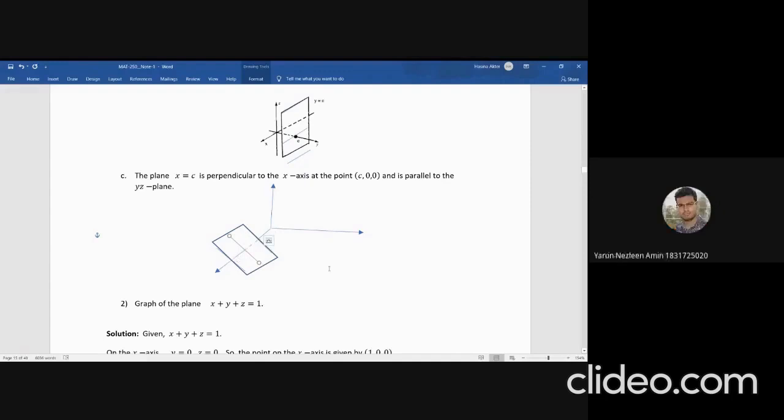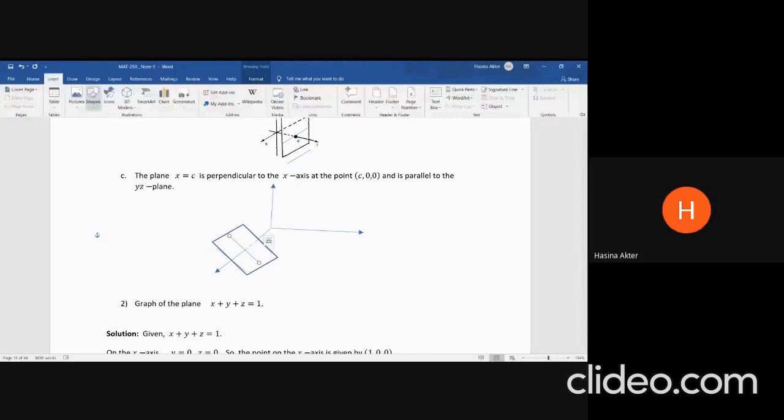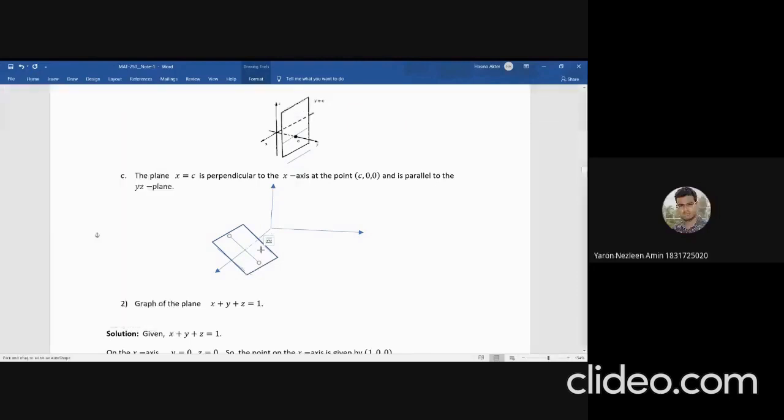Miss, below this 3D figure there is also an axis, the z-axis, or is it a negative z-axis? Negative z-axis is there. Definitely we have a portion of the z-axis there. Yes, we have a portion of the z-axis, but it isn't visible in the figure. Yeah, because we don't draw that portion.